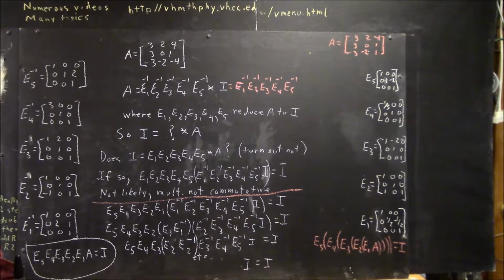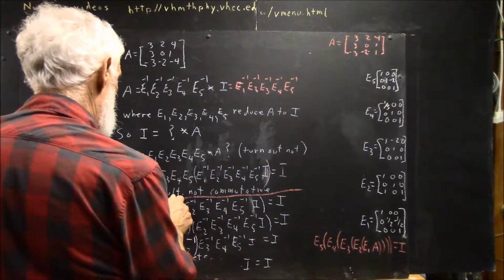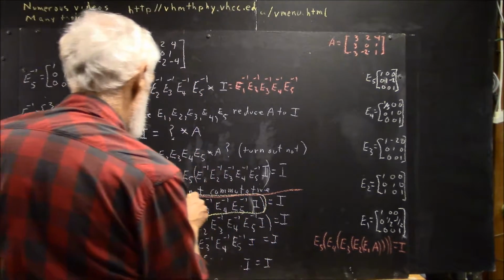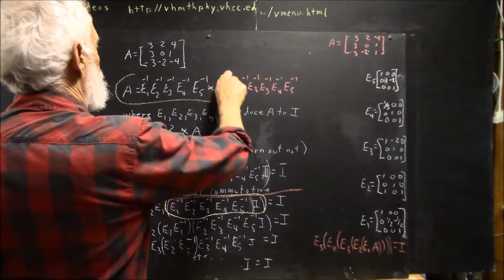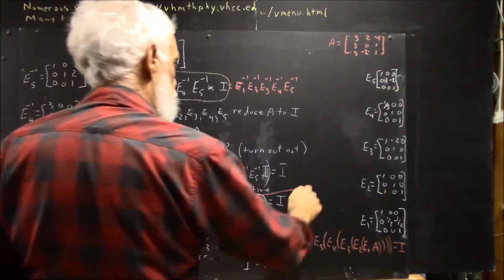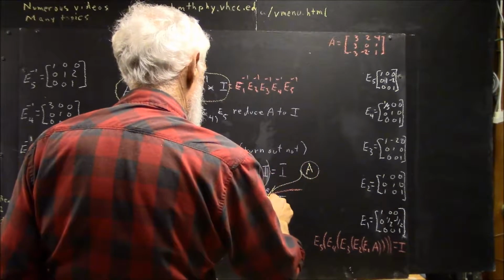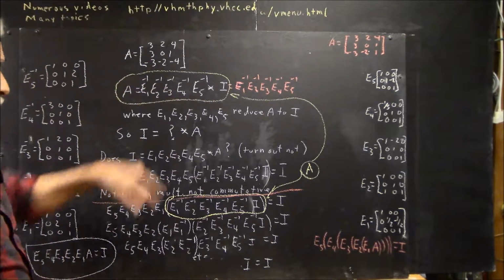I don't know if there's a good way for me to notate that. I'm going to put a big yellow circle around this, and I'll do the same up here. So here's the A matrix. It's here, and of course we started out by writing it down up here.